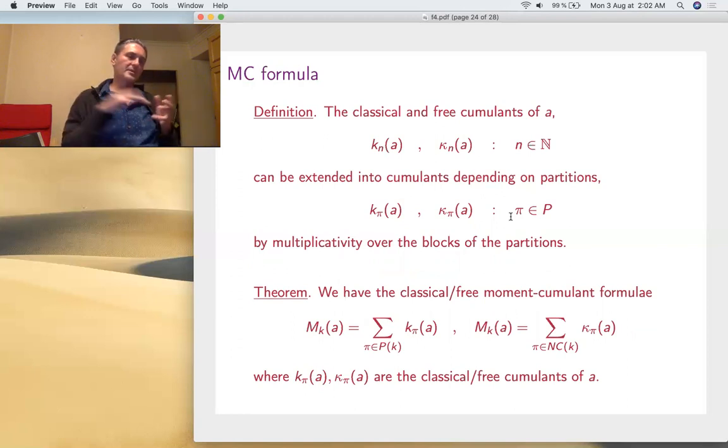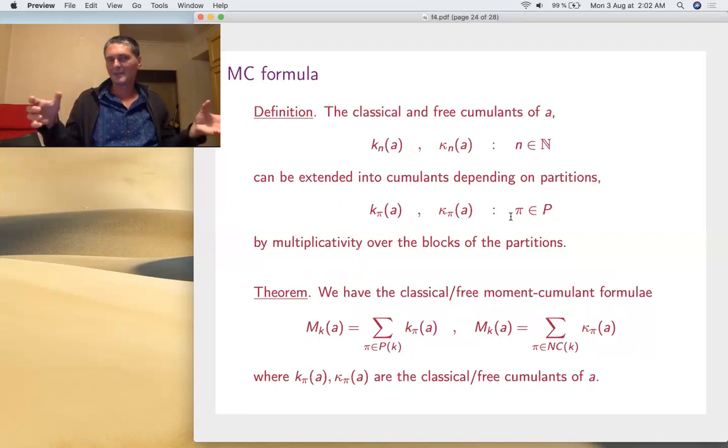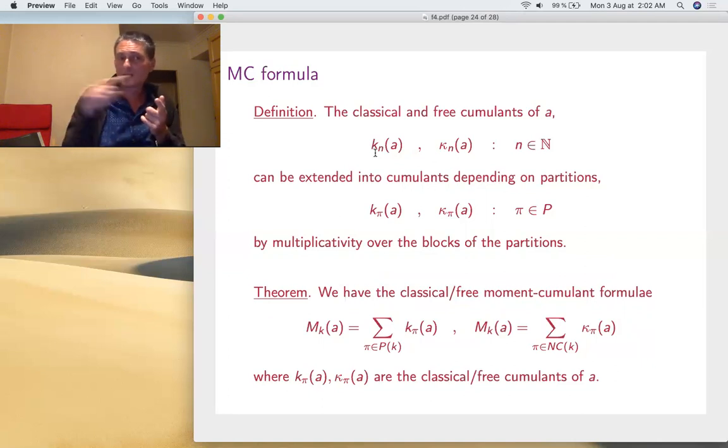Your partition has some blocks, and each block has a certain length n. There you put your number k_n of a. So I have k_{n1} here, k_{n2} here, k_{n3} here, and you just multiply them. You declare that this k_n corresponds to the one-block partition having n legs. In general, these cumulants are defined by multiplicativity over the blocks.